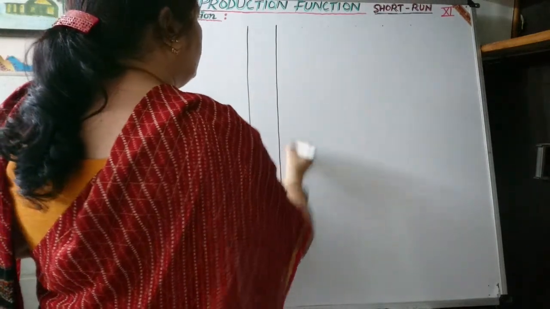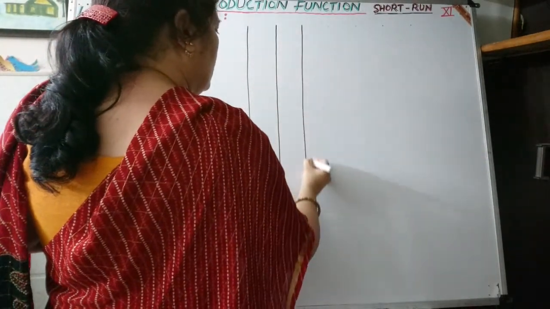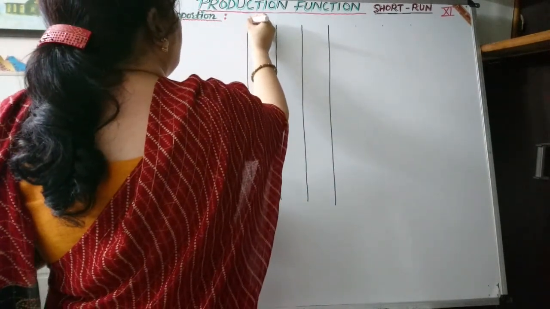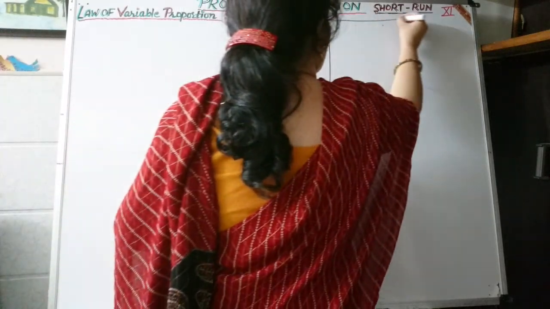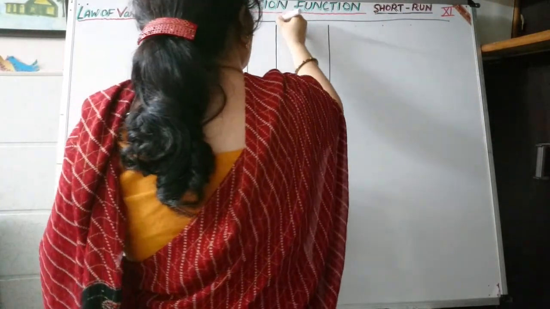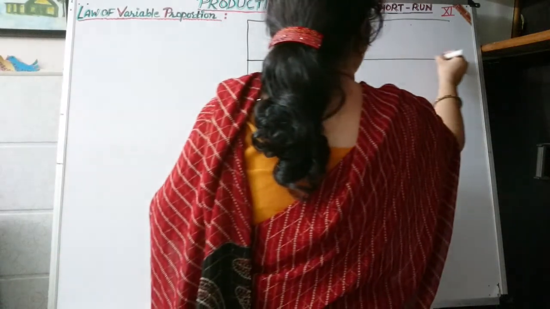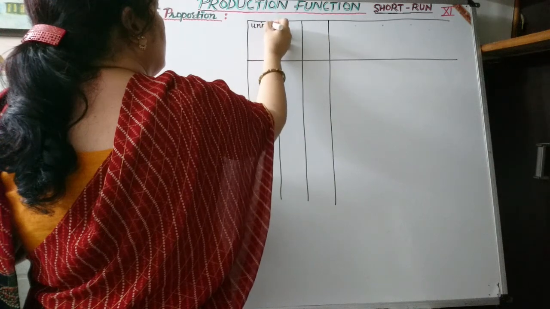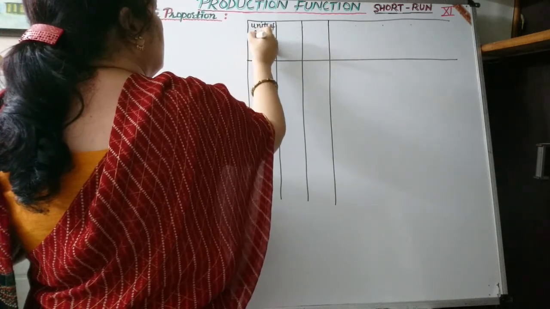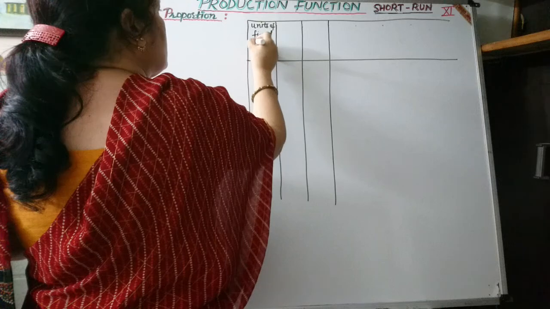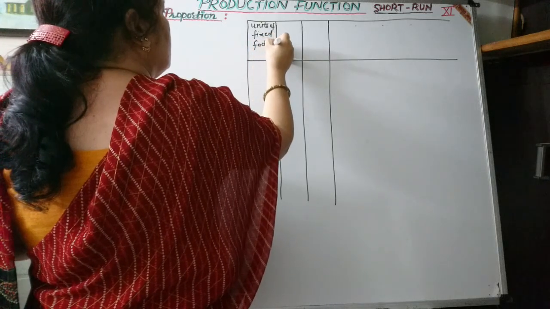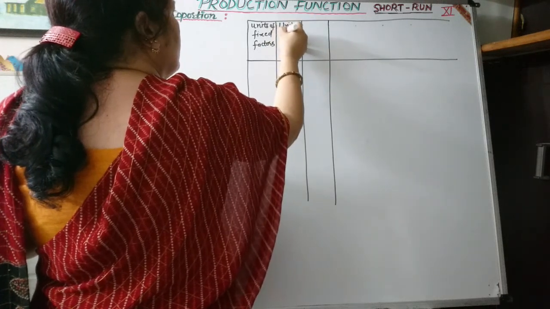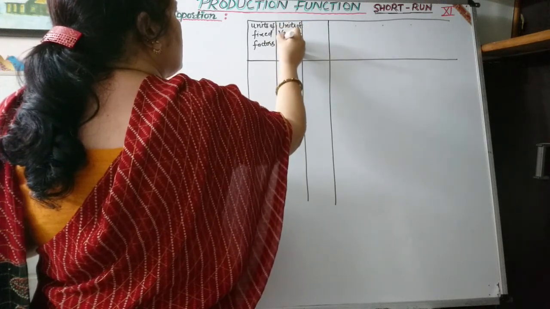So I am preparing 6 columns. In the first column, I am writing down units of fixed factors. Number 2, units of variable factors.